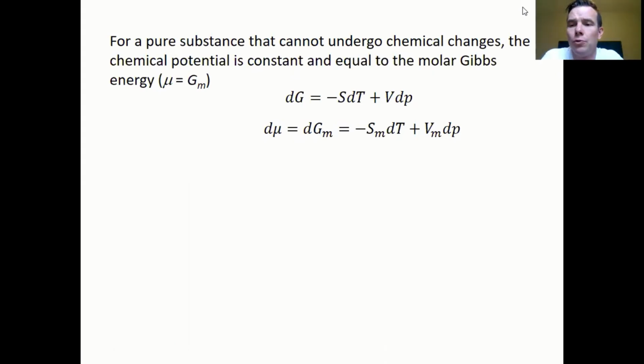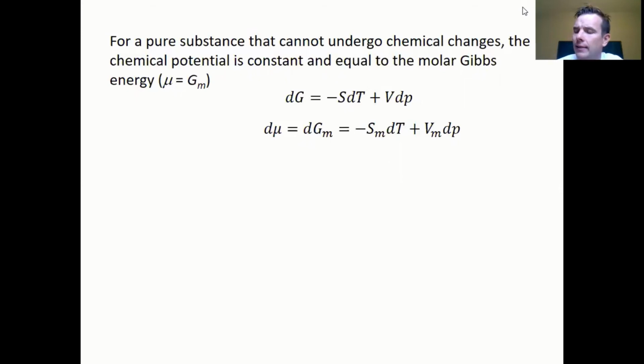I wanted to give you two examples of how we can use chemical potential. One thing that's useful to recognize is that for certain substances, the chemical potential is constant. Specifically for pure substances, things which cannot undergo a chemical change.